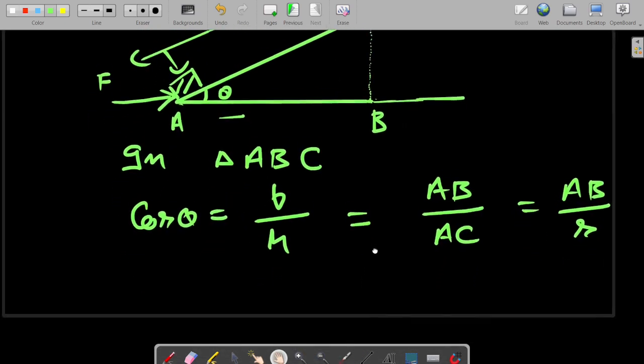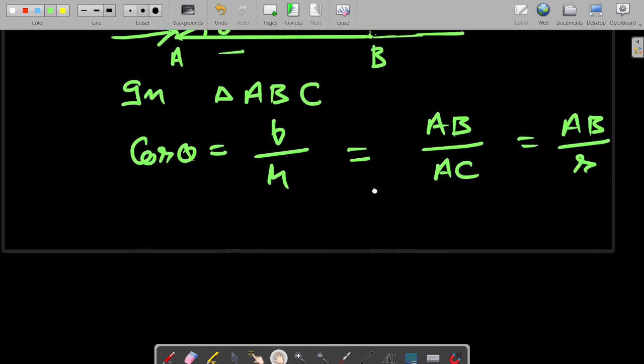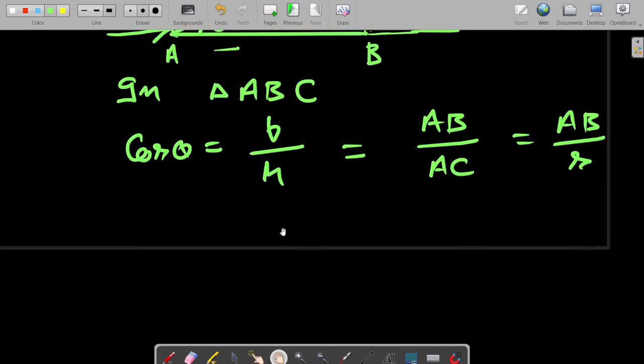So now we will find the value of AB from here. AB is equal to s cos theta. So we have got the component of displacement in the direction of force.